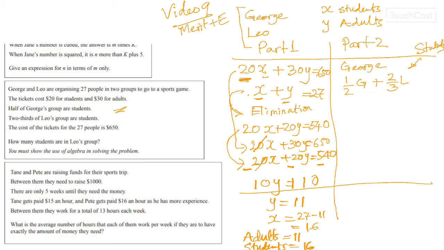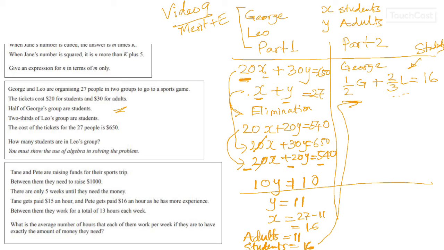So half of George's group they are students and 2/3 of Leo's group are students, right? And if you add them together and if you bring in that number 16 we figured out earlier, that gives you another equation.